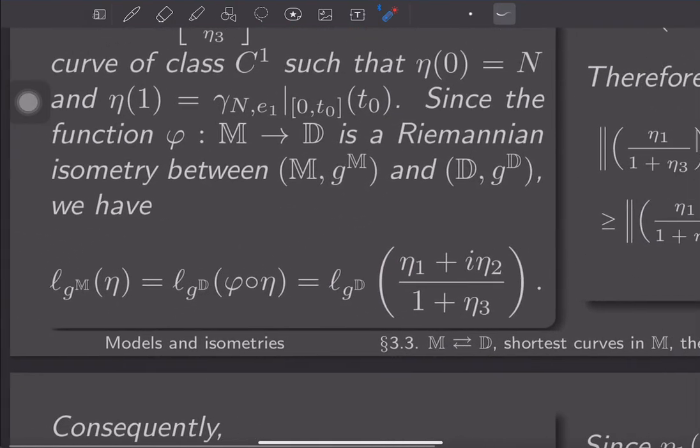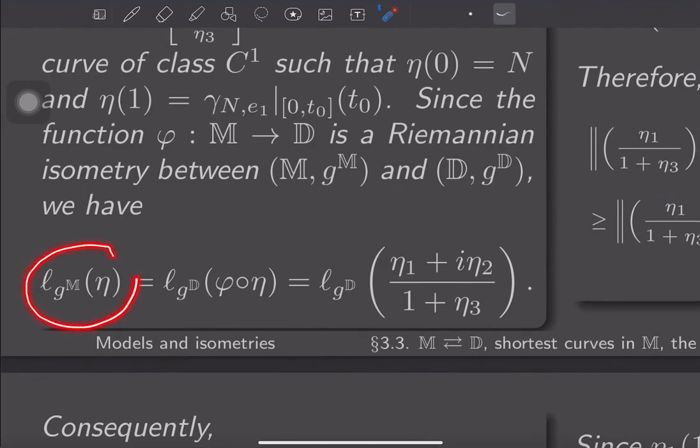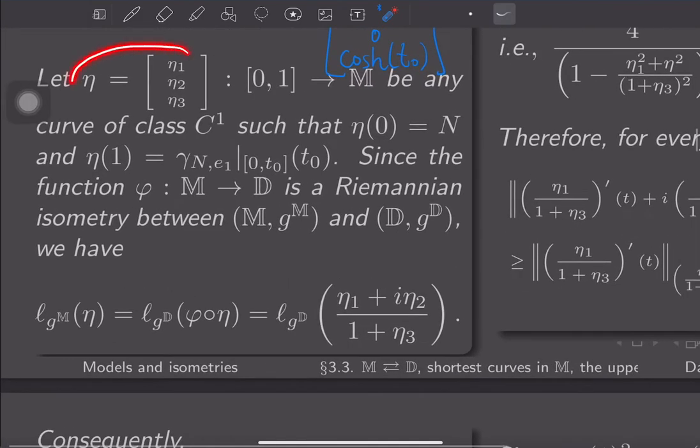Which is what I'm saying here. The length of my curve eta, that is a curve in the hyperboloid, is equal to the length of its image under phi. So what's its image under phi? It's a curve in the hyperboloid, some curve there, and from the hyperboloid I can map to the disk, which is sitting horizontally there.